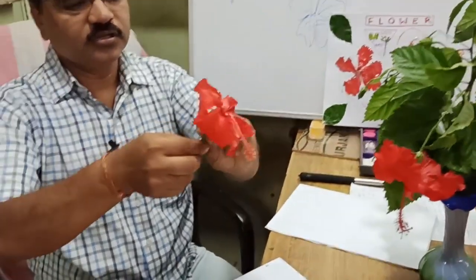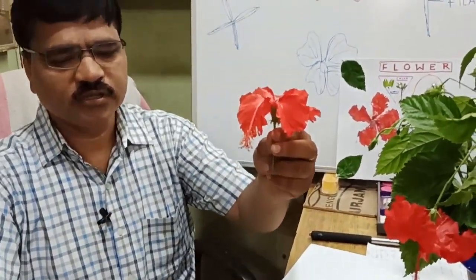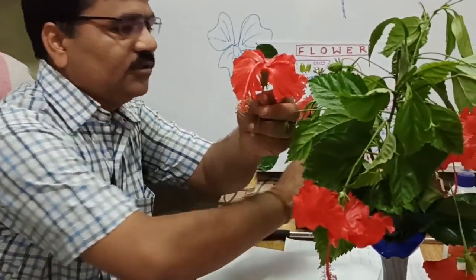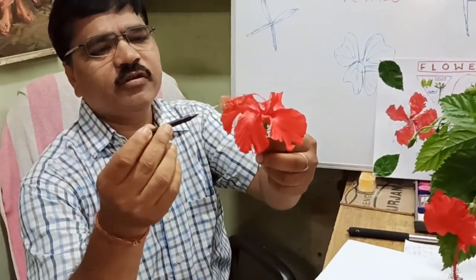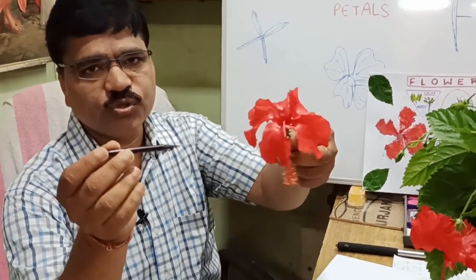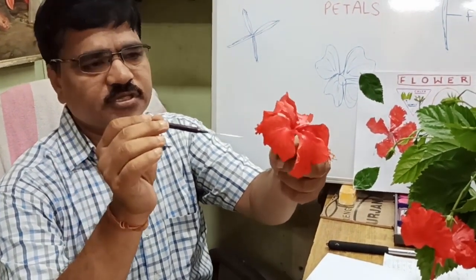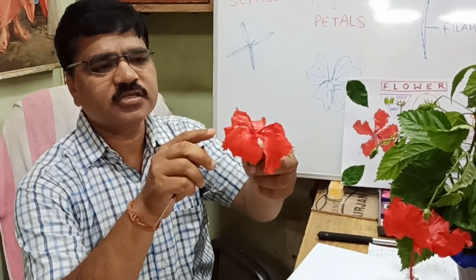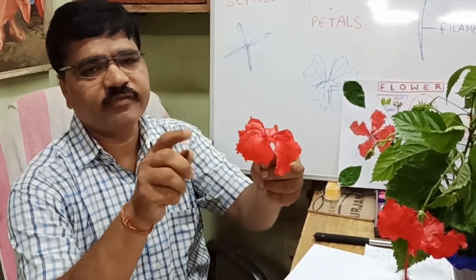So see, this is a hibiscus flower, and different parts of this flower I will show you with the help of one activity. One by one I will cut different parts of the flower and explain to you.